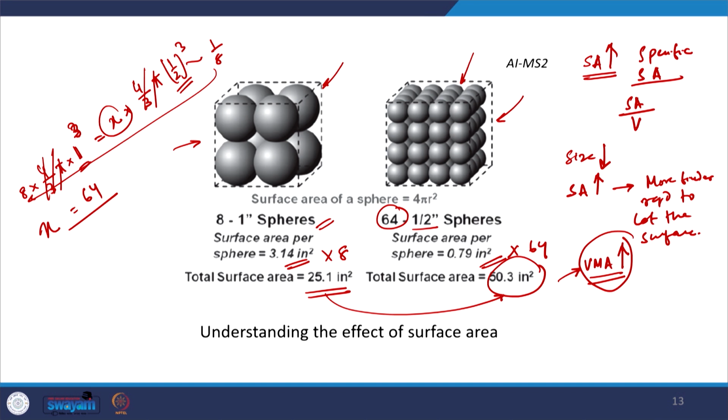Which means that if the surface area is more, then again you have to add more binder to completely coat this particular surface. I hope the importance of VMA and its relation to surface area is clear here, and now we will stop here and then we will continue our discussion on other volumetric parameters. We will look at various other derivations which are very important to understand the volumetrics and to complete the mix design process. Thank you.